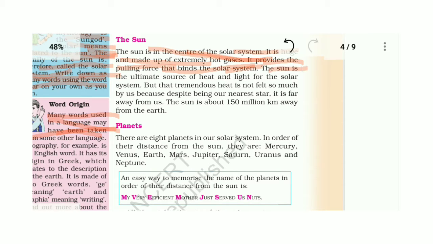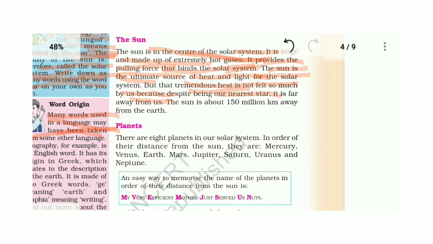The sun is the ultimate source of heat and light for the solar system. But the tremendous heat is not felt so much by us, because despite being our nearest star, it is far away from us, and yet it is very hot. We don't burn out.